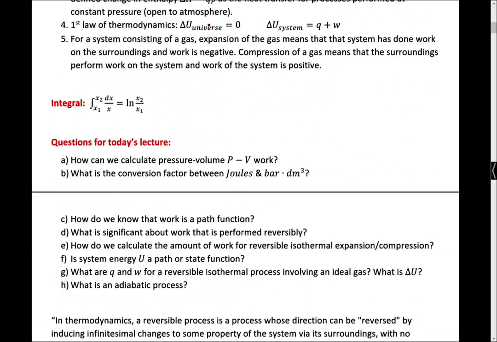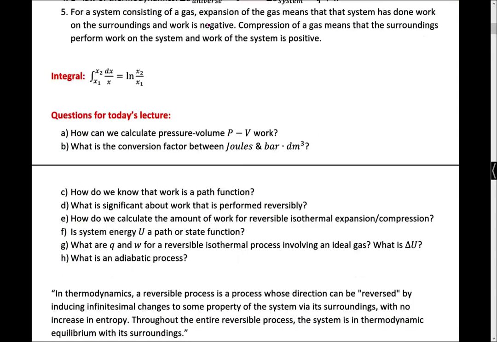Let's see. So the things that we're going to look at today, we're going to look at expansion and compression, or pressure volume work. Along the way, we're going to look at units: bars, decimeters cubed. We're going to come up with a convenient conversion between that and joules. And then over the next few lectures, we're going to see over and over again that work is a path function.